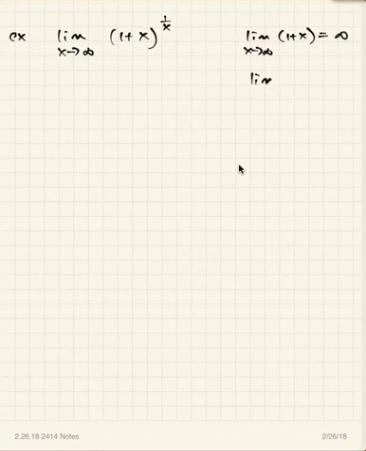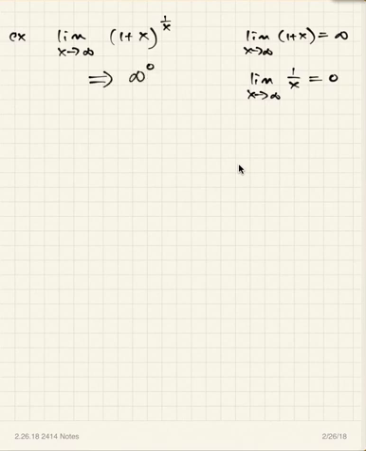And the limit as x goes to infinity of the other little piece, the exponent, 1 over x, that's 1 over infinity, 1 over a number getting larger and larger. That goes to 0.